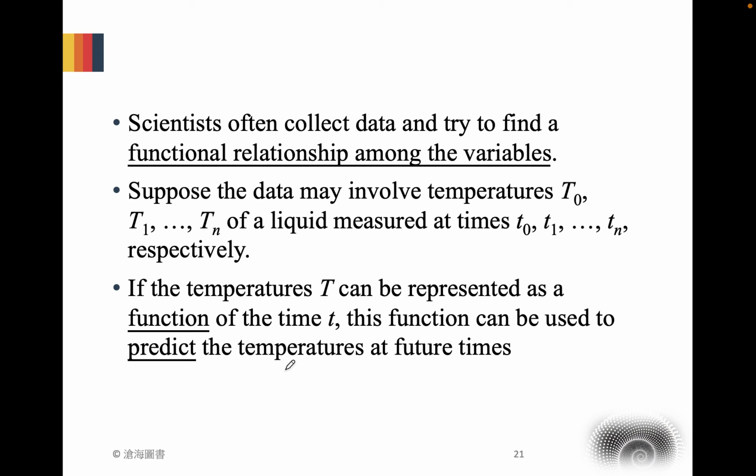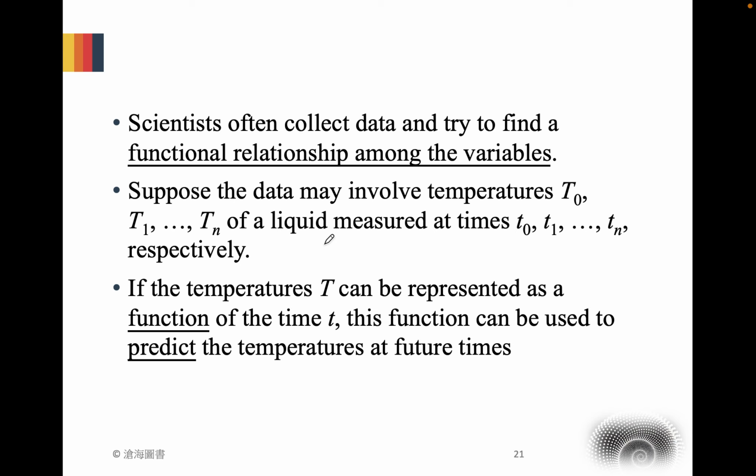So finding the least square solution is actually very important in engineering problems, because scientists often collect data and they try to find a functional relationship between the variables. For example, if we measure the temperature of a liquid at times t0, t1 to tn, and then we measure the temperature as capital T0, capital T1 to capital Tn.